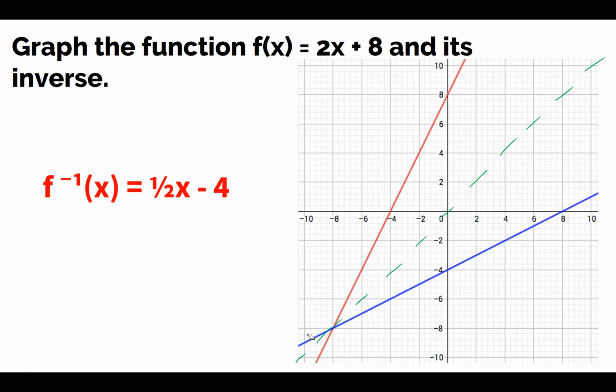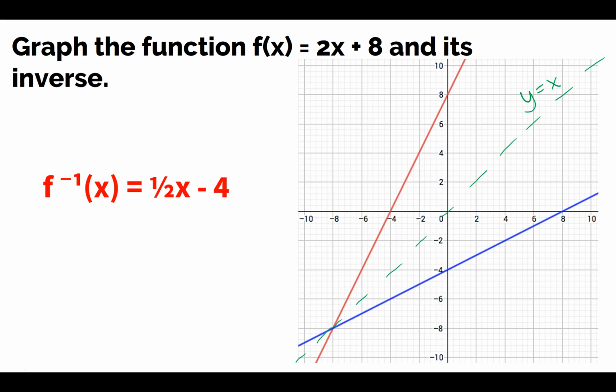All right, so they're both lines. Remember that dotted green line, that's the line y equals x. That's what we're technically reflecting our graph over when we switch the x and the y.